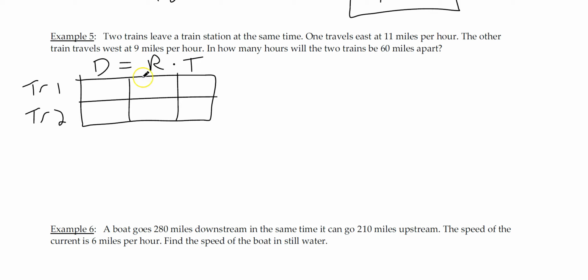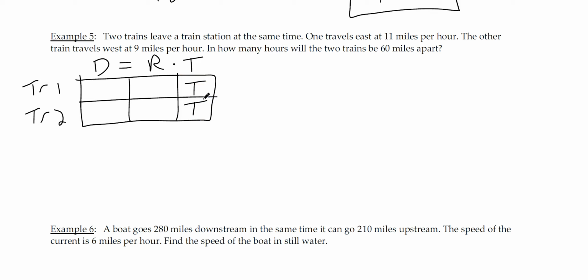Okay? So we don't know, and let's see, the other train travels west. So the fact that it's the same time, I don't know how long that is, and the question is how many hours, but I do know that they're both going to be the same time.